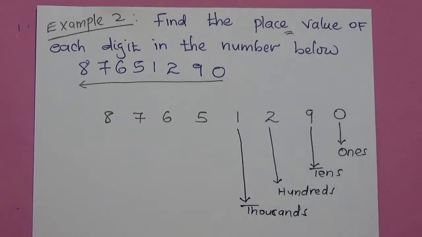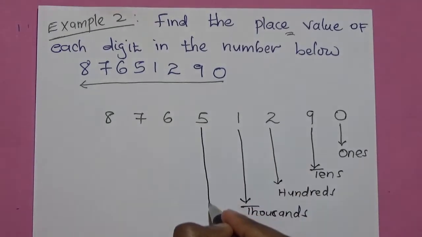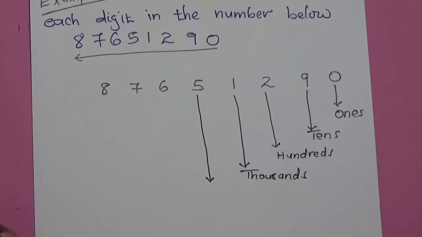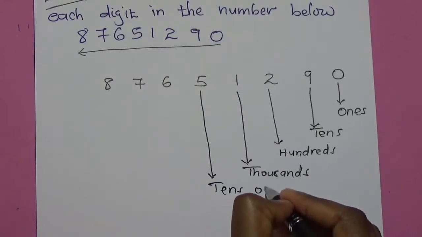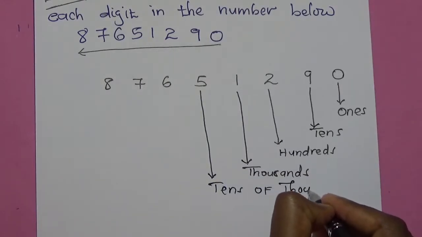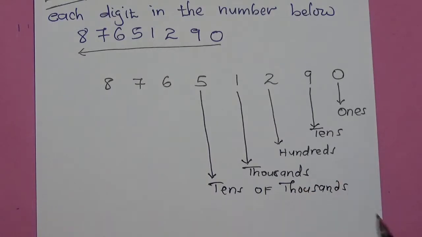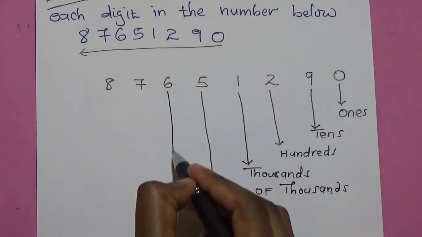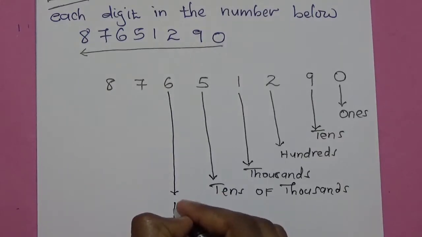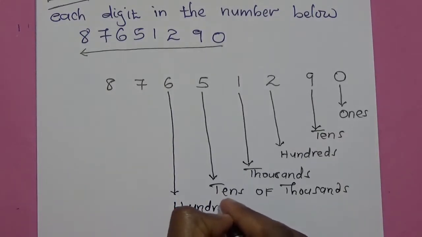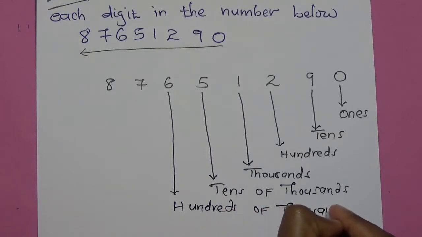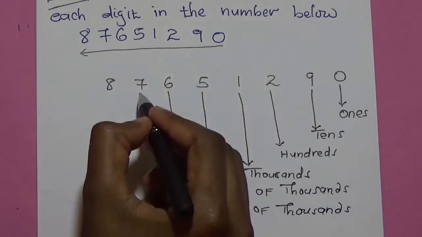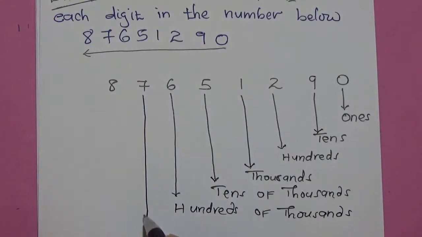The place value of 5 will be tens of thousands. The place value of 6 will be hundreds of thousands. The place value of 7 will be millions.